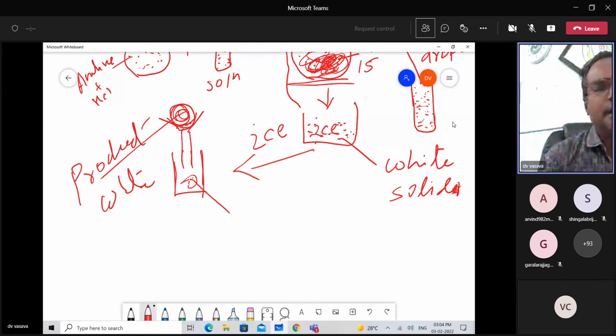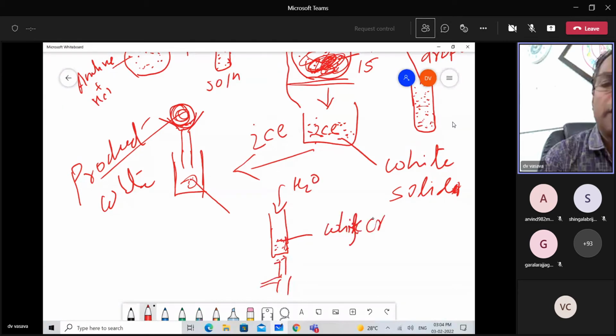And some of the product can be taken in a test tube and add distilled water. Heat it slightly, so you get the crystals.